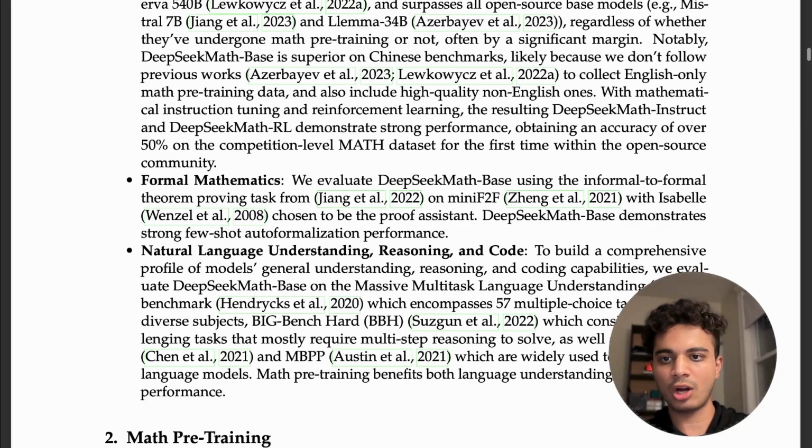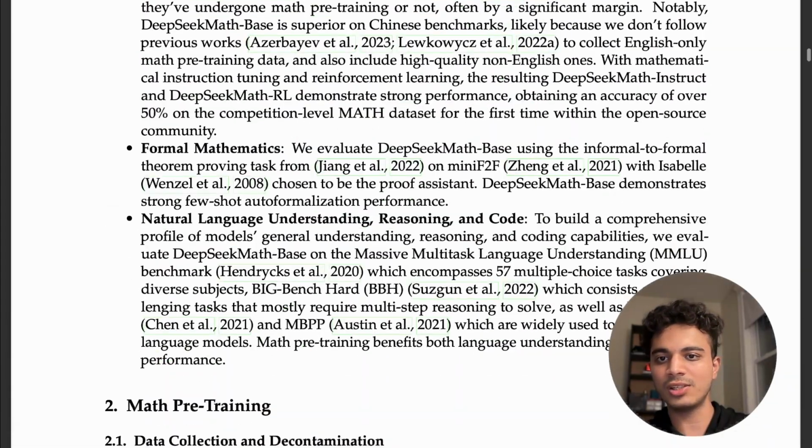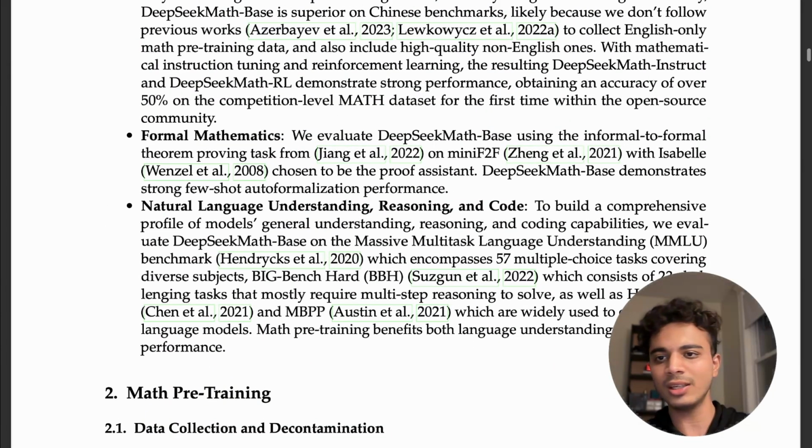So they talk about English and Chinese mathematical reasoning. They talk about formal mathematics, that if we give it some formal mathematical questions, is it able to answer them or not? And later on, a very important thing is natural language understanding. We are going to look into these things in a little bit more detail very soon.